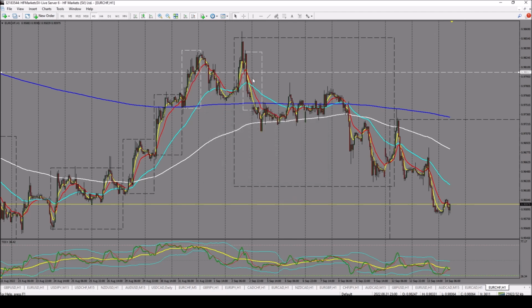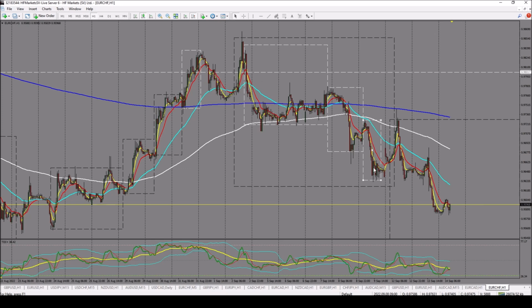We had the first H1 level and its consolidation, the second H1 level like this, and then the third H1 level like that, meaning the first H4 level is complete.